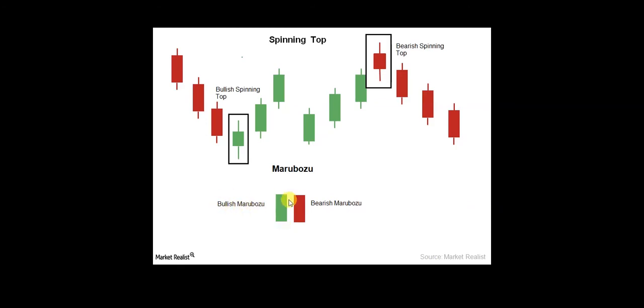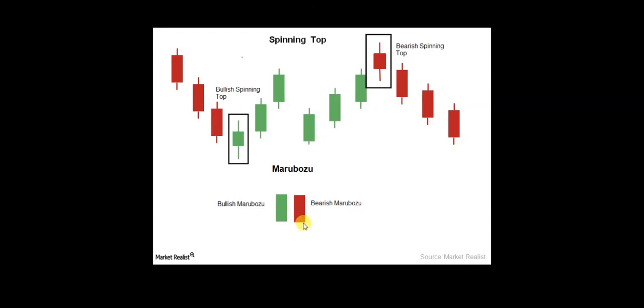If you see a candlestick like this with a big body but nothing in the shadows, no low and no high, it is a bullish Marubozu or bearish Marubozu. It depends on where the price opens and closes. If the price opens here and closes above, it's a bullish Marubozu. If it opens above and closes below, it's a bearish Marubozu candlestick.